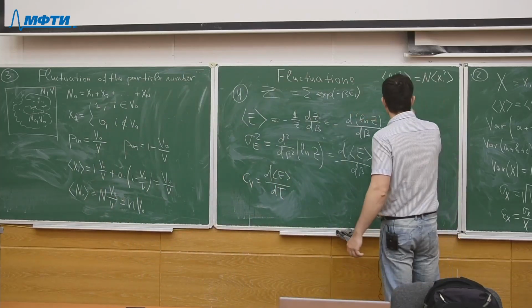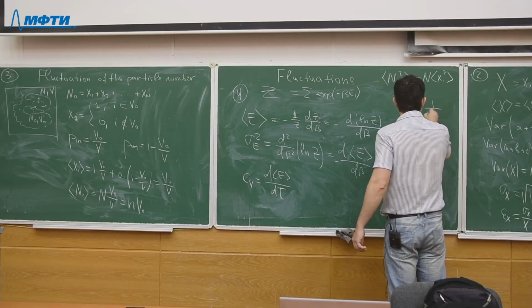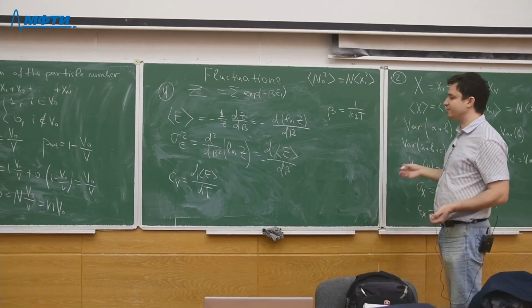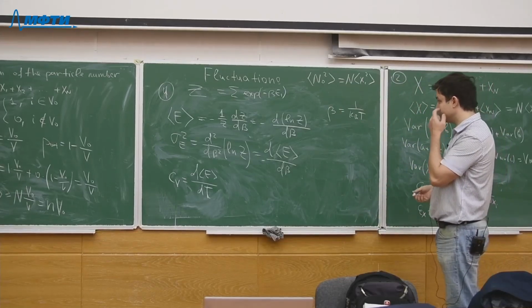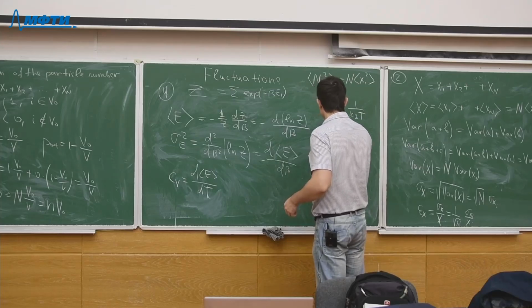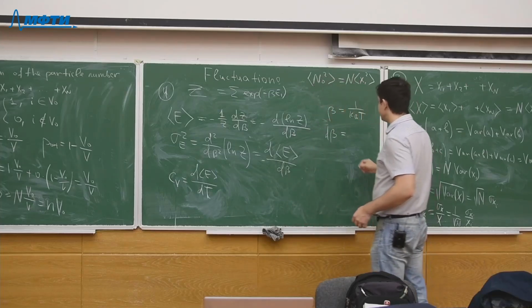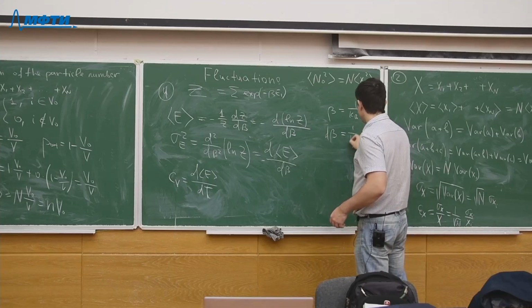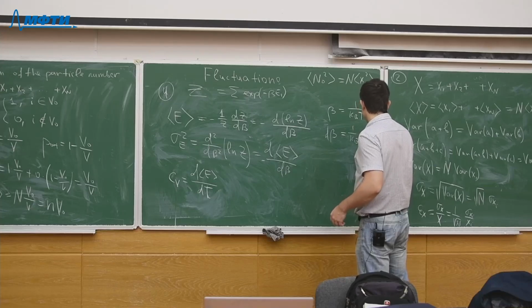So I know that beta is 1 over kBT. I want to relate derivatives over beta and derivatives over T. So I calculate the differential of beta, and that gives me d beta equals minus 1 over kB times dT over T squared.